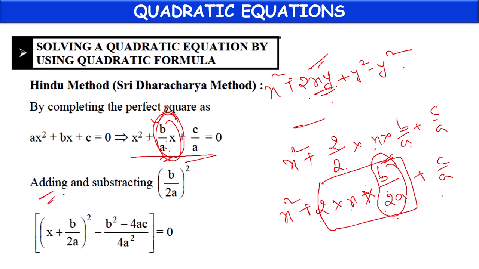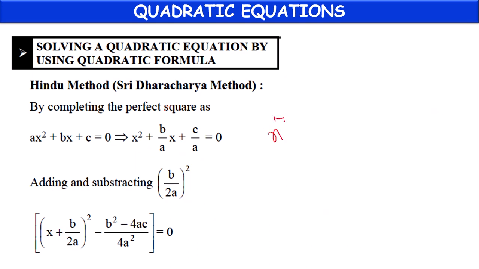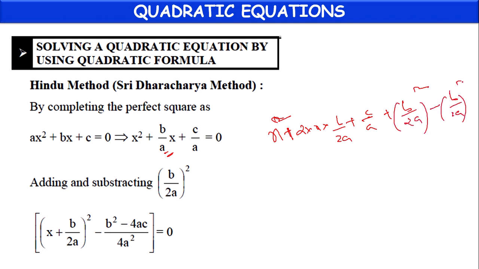We have to add and subtract b by 2a whole square, both added and subtracted.